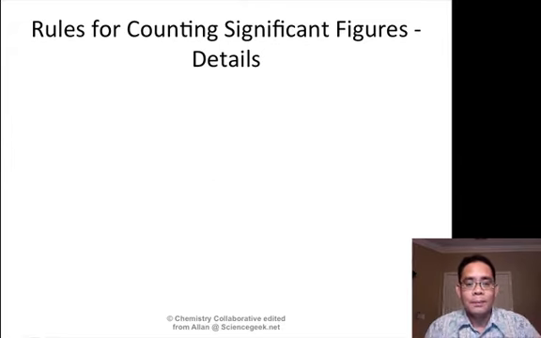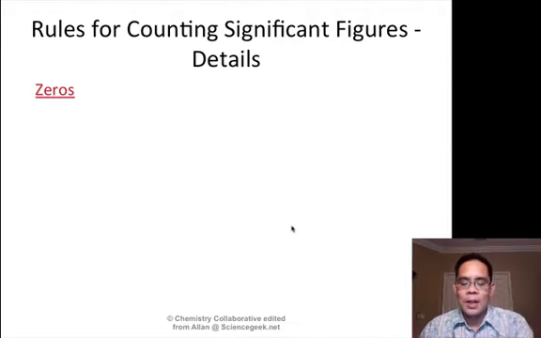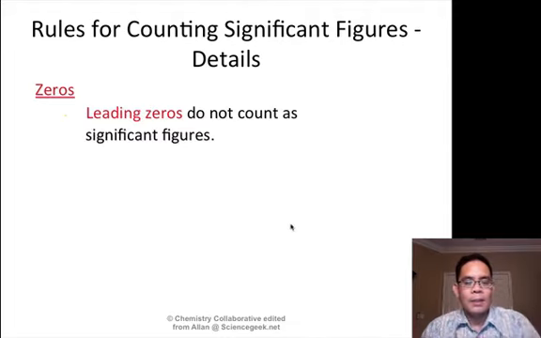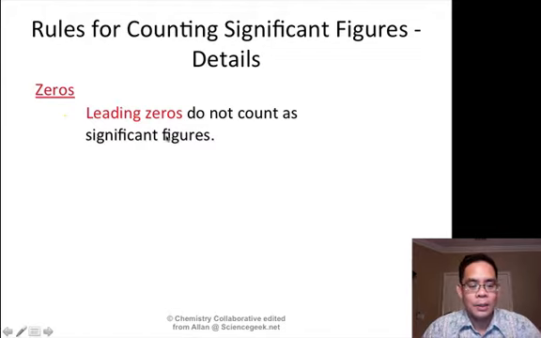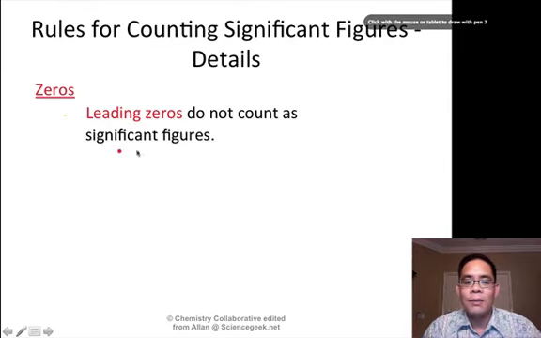On the other hand, when we talk about zeros, zeros make up the most complicated part of the sig fig rules, and zeros have different rules. Anytime you have leading zeros, meaning the zeros are in the front, they do not count as significant figures.